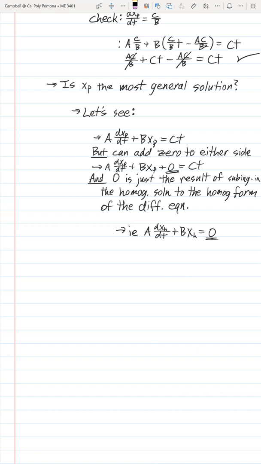But first let me capture, where of course, for this first order LTI differential equation, xh is equal to x naught e to the negative c prime t that we've seen before.